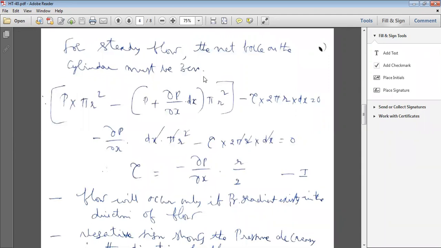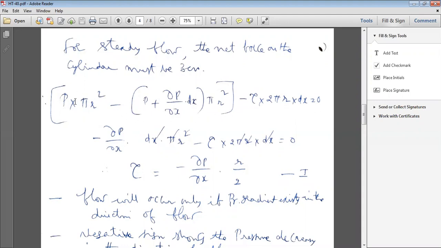So in this steady flow condition, what is the net force here? P into pi r square is the pressure force acting in the positive x direction, but P plus dou P by dou x into dx into pi r square acts in the negative x direction, that's a minus. And the shear force acts in the negative x direction, that's a minus shear stress tau into 2 pi r into dx. That is equal to 0.